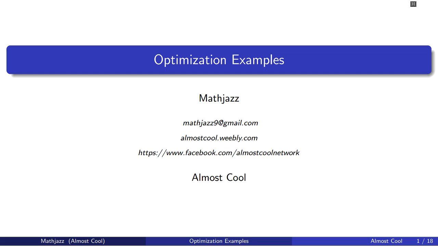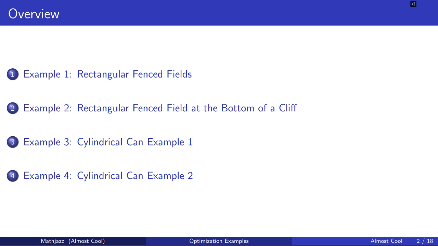This is the fourth video in our series of videos on optimization examples. Today, we are going to talk about a cylindrical can, but as opposed to in example 3 where we talked about the area of a can, the surface area of a can, today we're going to talk about the cost of a can.